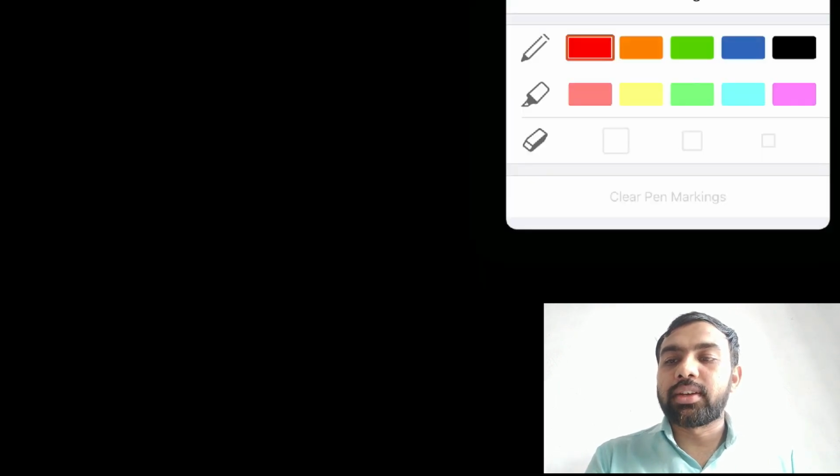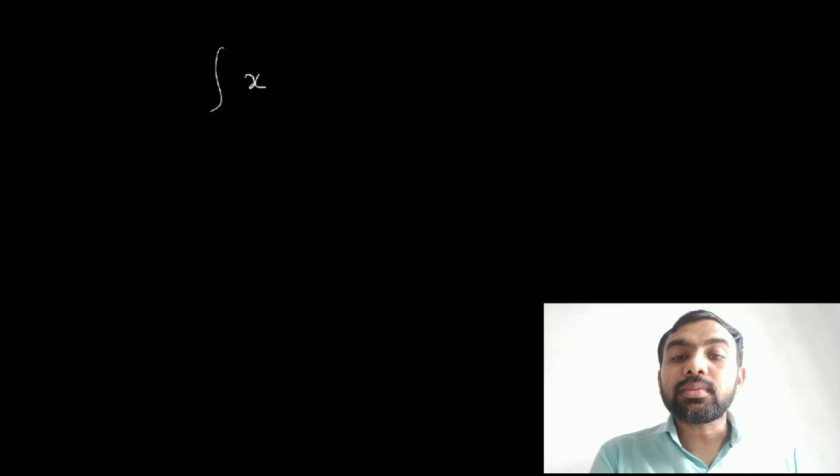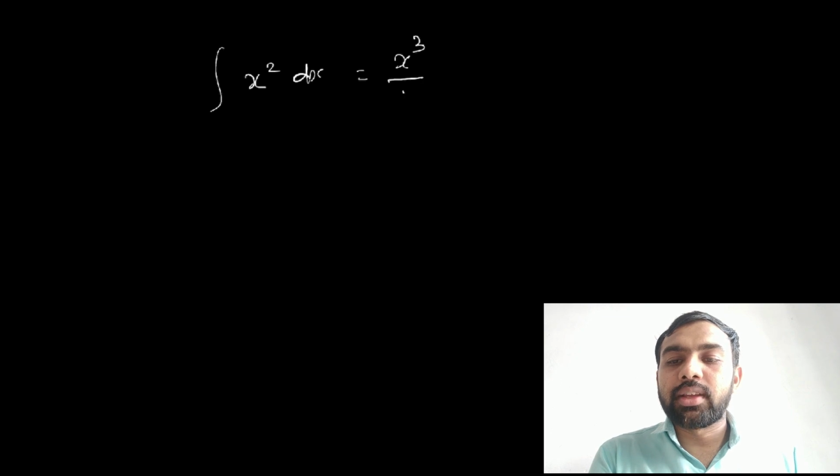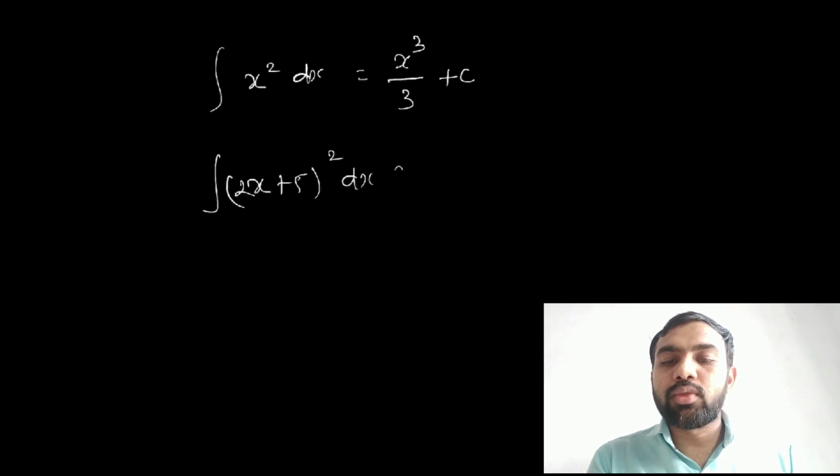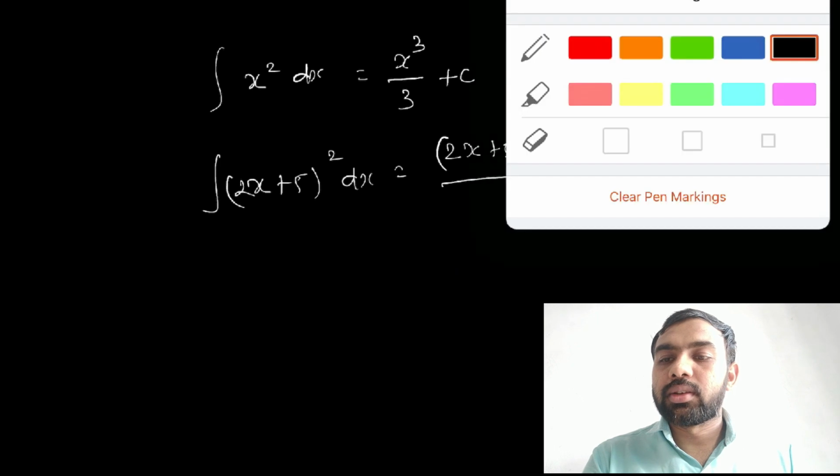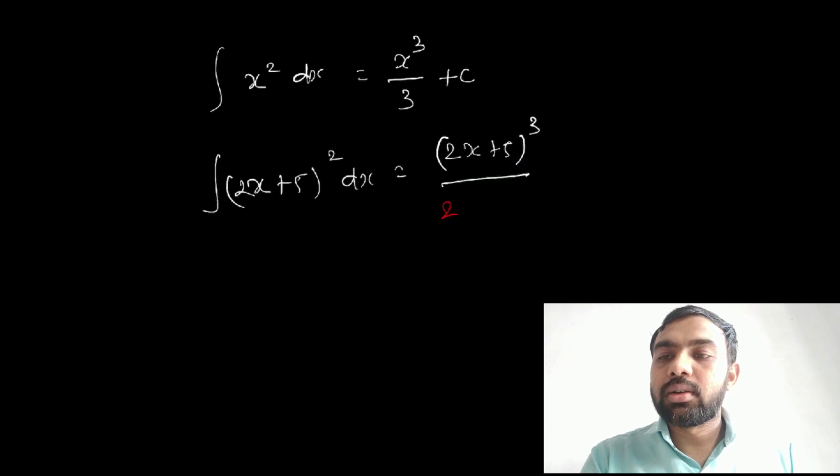Let me just write it again. Integration of x square dx is equal to x cube by 3 plus c, and integration of (2x plus 5) square dx is equal to what we get here? (2x plus 5) raised to 3 upon 2 into 2 plus 1, plus c, where this 2 is in multiplication in the denominator.